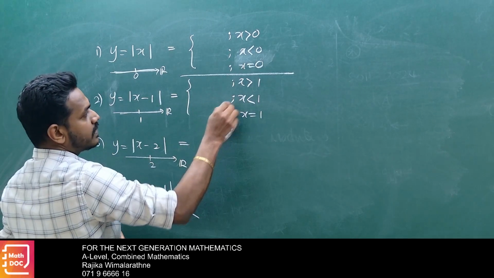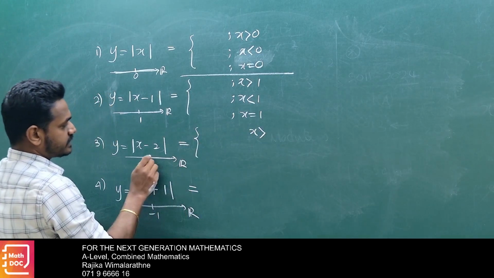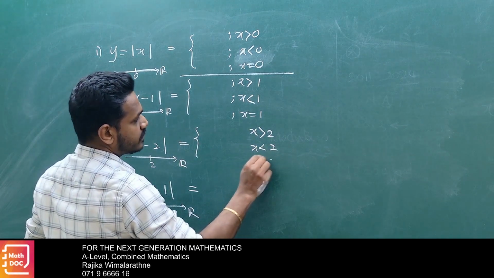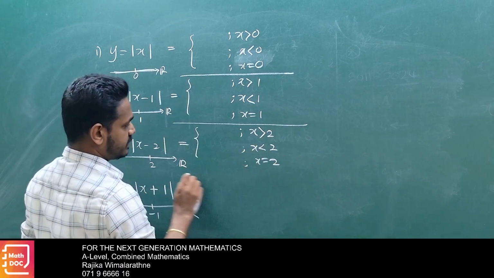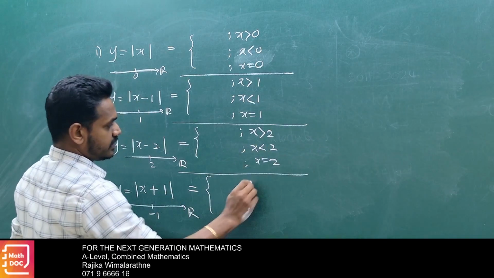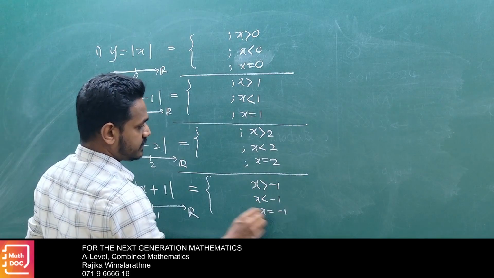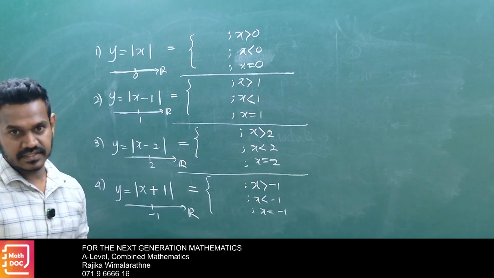For the next, x greater than 2, x less than 2, x equals 2. For this one, x greater than minus 1, x less than minus 1, x equals minus 1. Likewise, we can identify different regions.